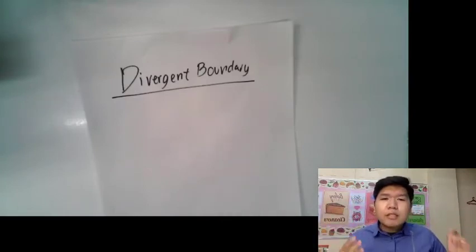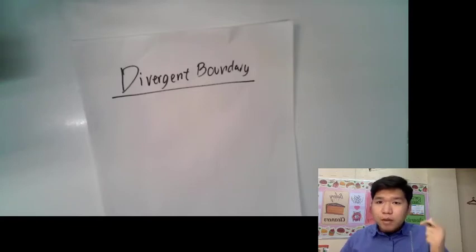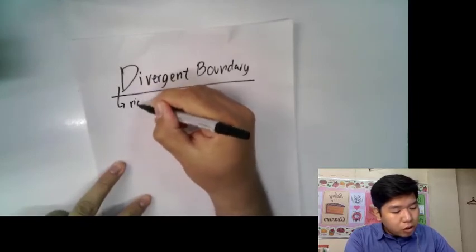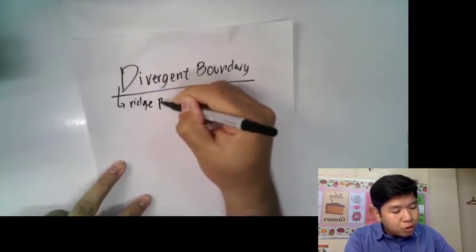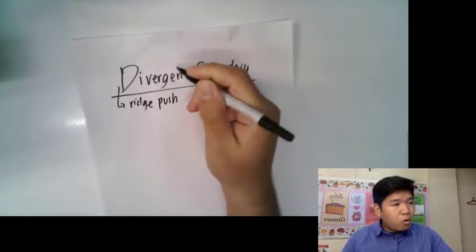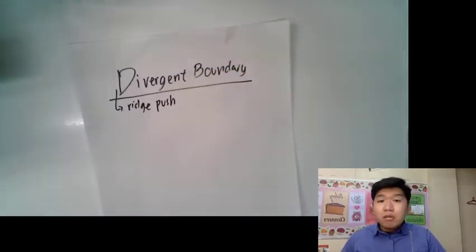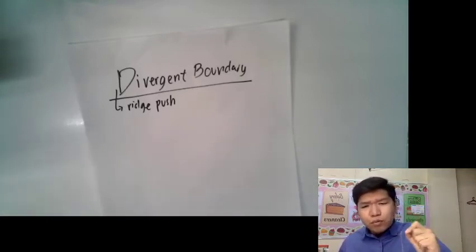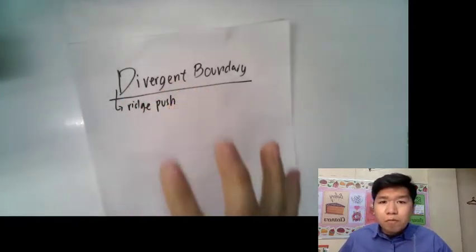This type of boundary is caused by a specific force from the convection currents in the mantle, called ridge push, where rising rocks push against the lithosphere, influencing also the asthenosphere. So the asthenosphere is also a main mover in this type of boundary.